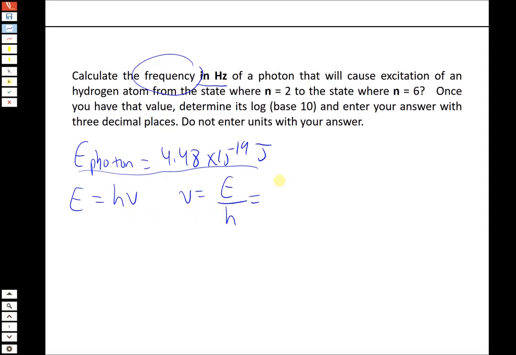So it's going to be, again, 4.48 times 10 to the minus 19 joules. That's the number we calculated in the last problem where we asked for the energy of the photon. To get it in frequency, we just have to divide by Planck's constant. And so when we do that, let's get that.